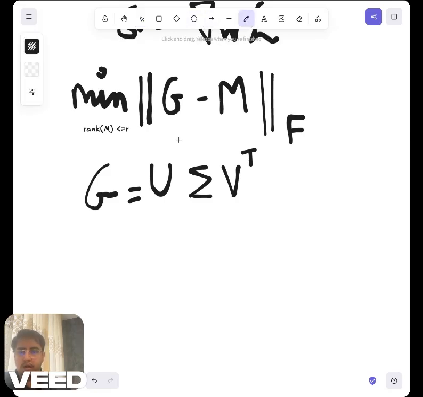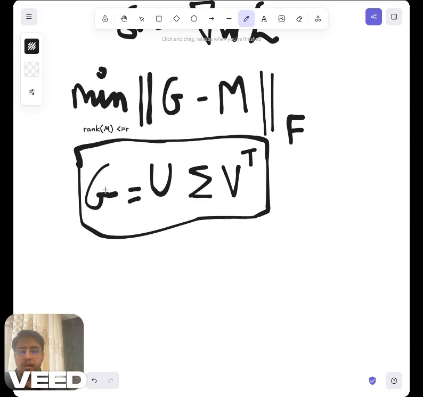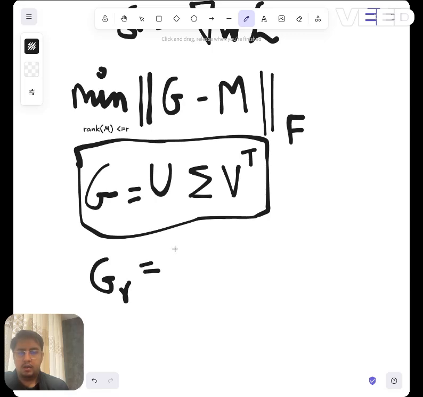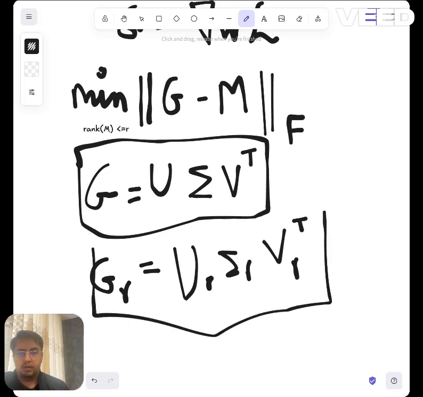When we look at it that way, if G is broken down or represented in this format, then you could also say that a matrix G with rank R could be represented as U_R times sigma_R times V_R transposed. Sorry, this is not truncated, my bad.